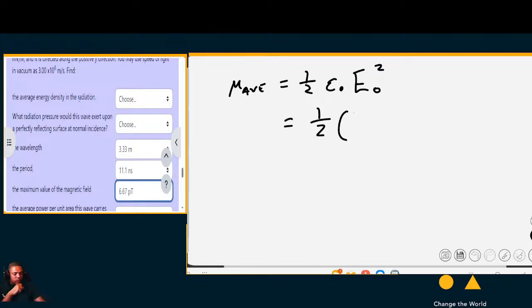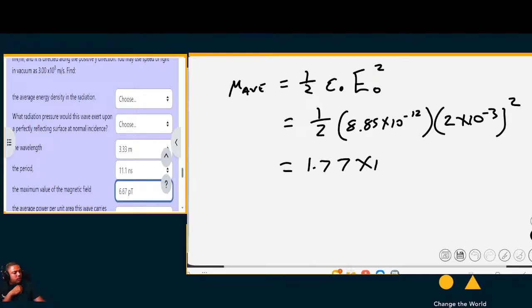Multiplied by the permittivity of free space, 8.85 times 10 to the negative 12. And what is E max in this case? It's the maximum value of the electric field, which is 2 times 10 to the negative 3, millivolts per meter, and that is squared. Work all of that out. We should get 1.77 times 10 to the negative 17 joules per cubic meter.